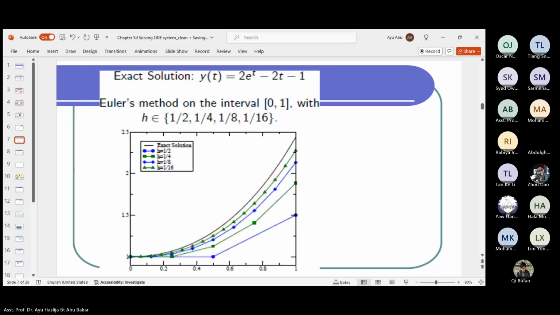Okay, this compiles all the h trends, the data points with different h values. This is the 1/8, 1/2, 1/4, 1/8. This is 1/16.